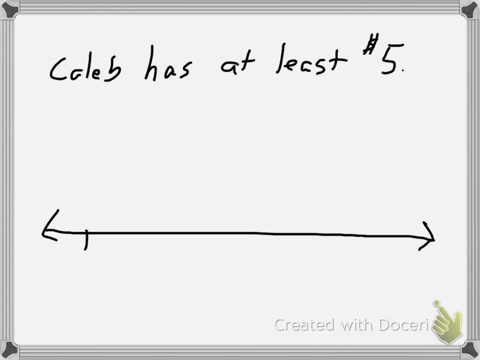Okay, so this is 1, 2, 3, 4, 5, 6, 7, 8, 9. Now, if Caleb has at least $5, that means that Caleb can have $6, $7, $8, $9.